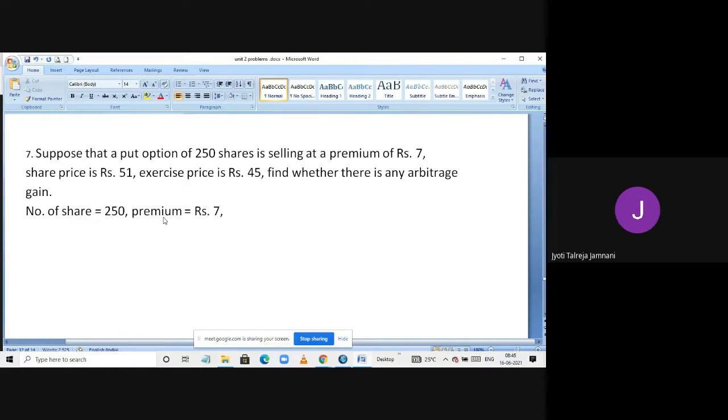S naught is 51. That is share price. Exercise price is 45. And we have to find the arbitrage gain. This is a put option.